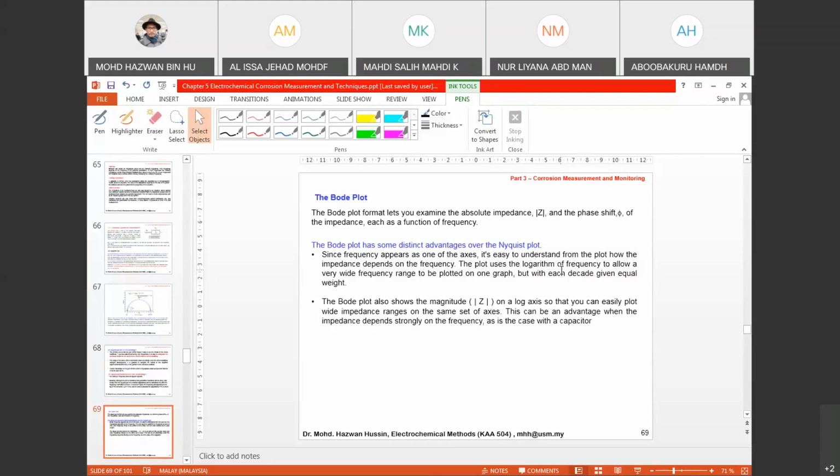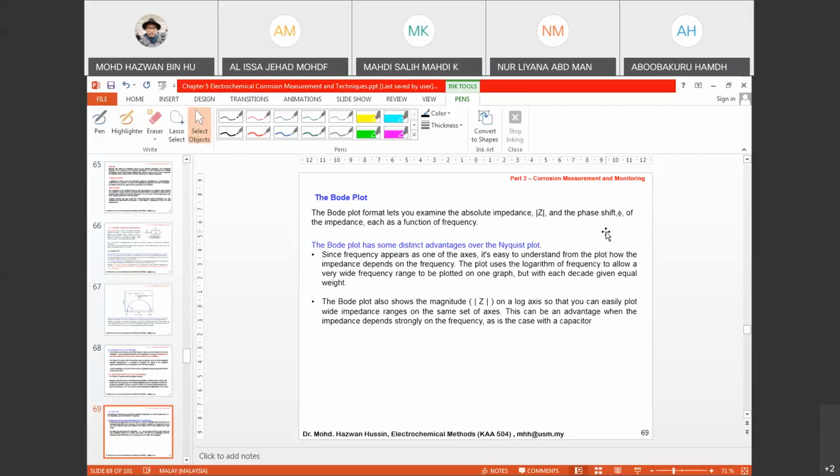Okay. The plot uses the logarithm of frequency, log frequency, to allow a very wide frequency range to be plotted on one graph, with each decade given equal weight. And the Bode plot also shows the magnitude, modulus Z, on a log axis so that you can easily plot wide impedance ranges on the same set of axes.